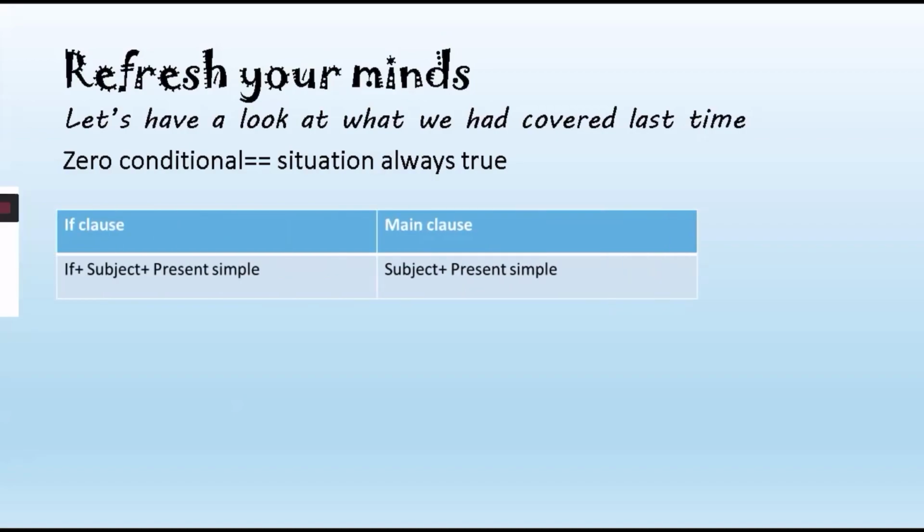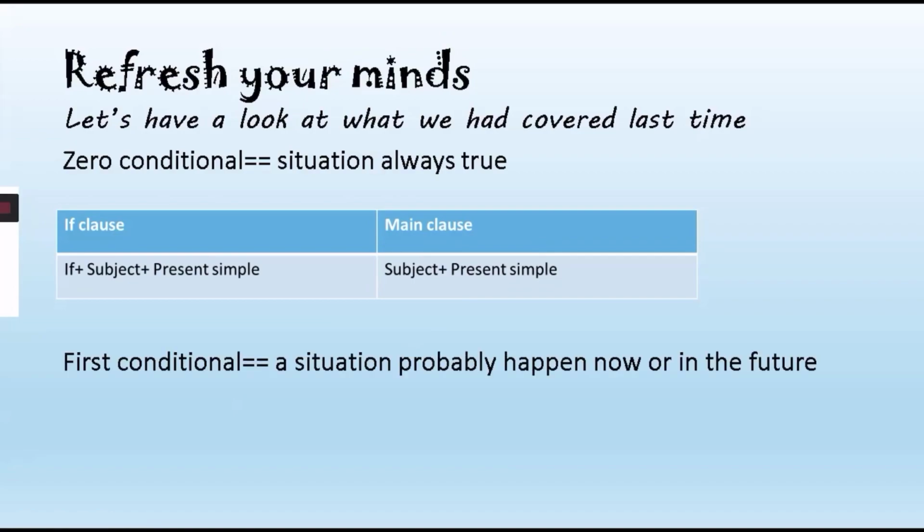The structure, as you can see: in the if clause you use if followed by the subject, and then the present simple verb. And in the main clause, what do you need to use? You need the subject with the present simple. Okay, so this is for the zero conditional.